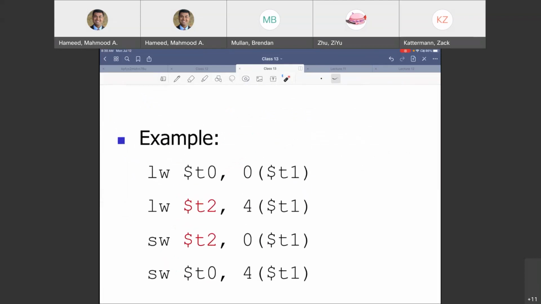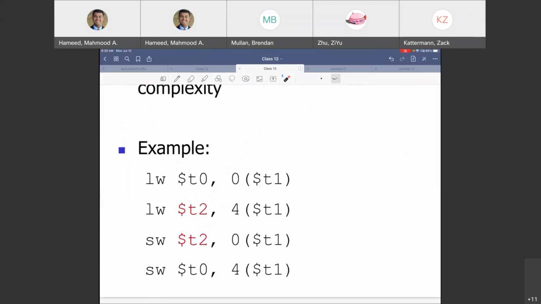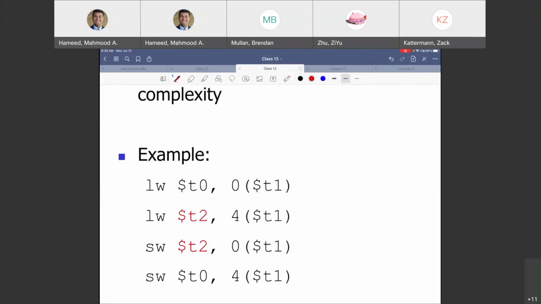So let's take a look at an example over here. We have a couple of load word instructions and a couple of store word instructions. Is there a load use hazard present over here? The red kind of gives it away, huh? There's a load use hazard, right? Over here, you are writing to T2. And then immediately in the next instruction, you are using T2.